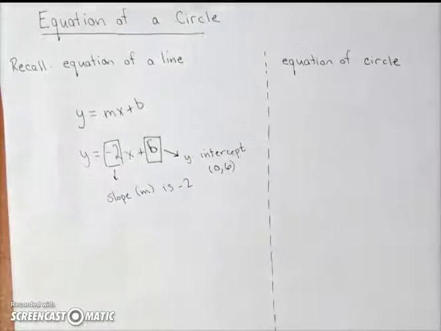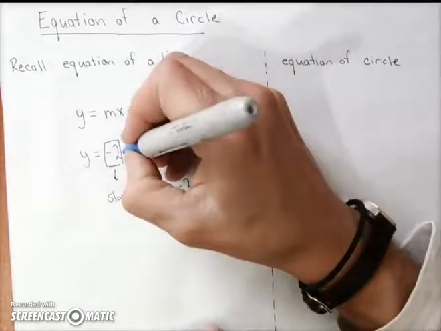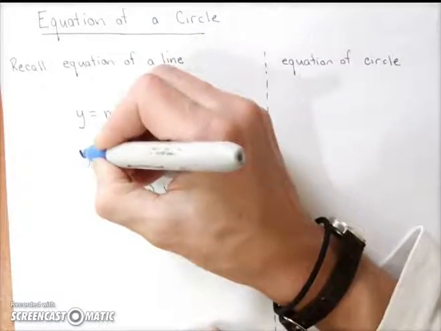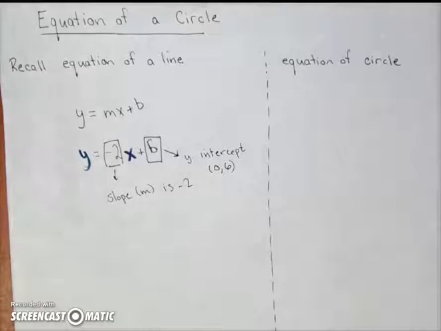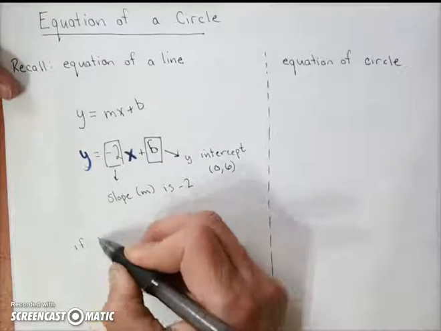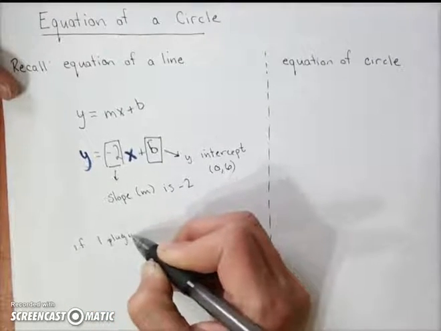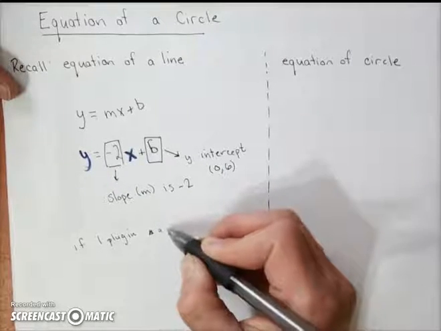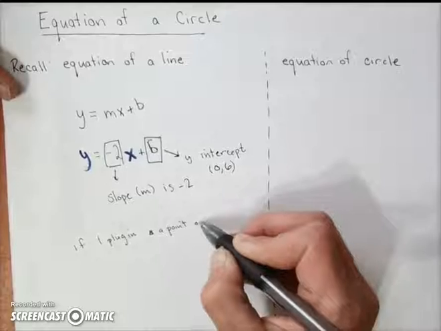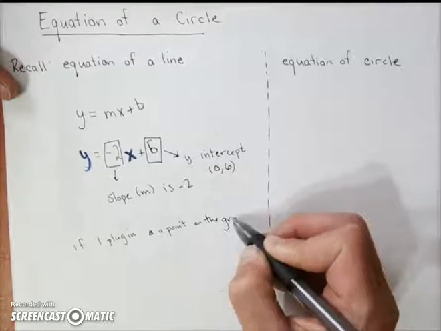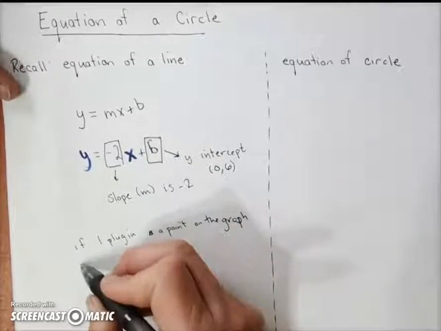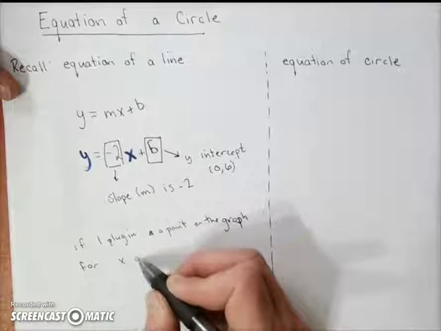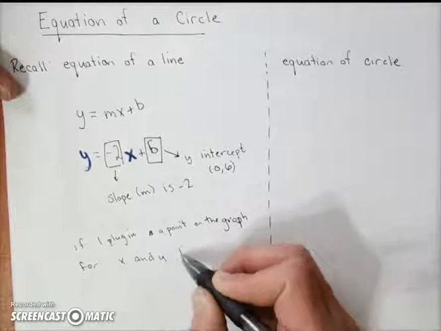And you'll also notice that the equation still has an x and it still has a y. What this says is if I plug in a point on the graph for x and y, the equation will be true.